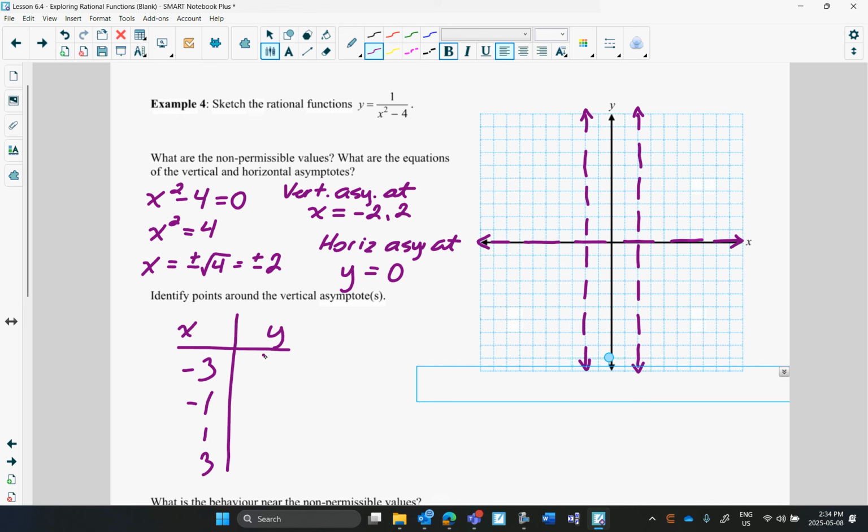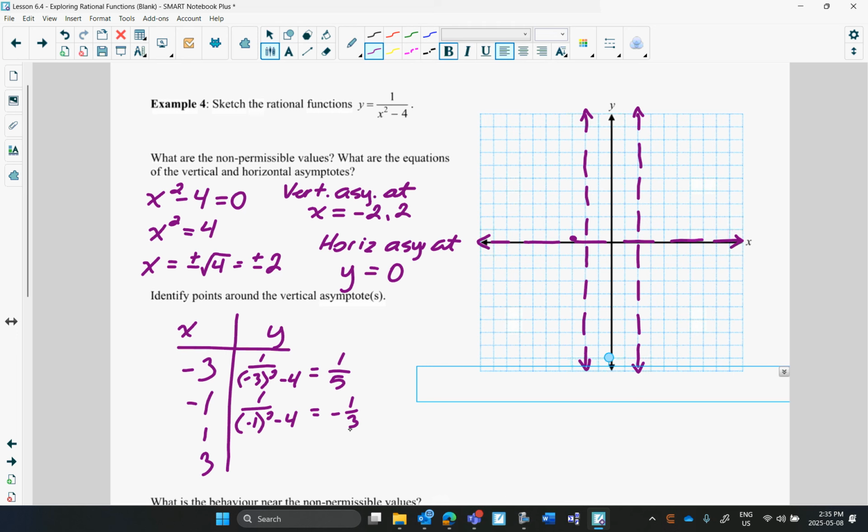So we do 1 over -3 squared minus 4, which gives us a fifth. So at -3, it's positive, but it's pretty close. At -1, we've got 1 over -1 squared minus 4, which is -1/3.